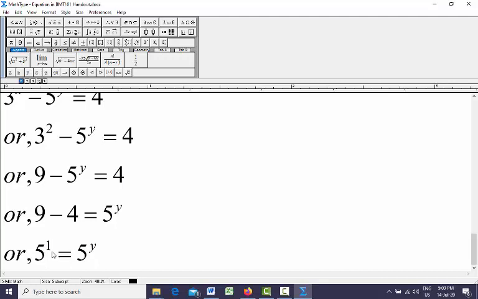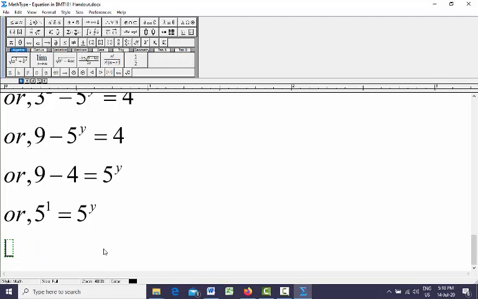That's why we don't write it. So now as you can see, on the right hand side the base is 5, and on the left hand side the base is also 5. So the value of y will be equal to 1.